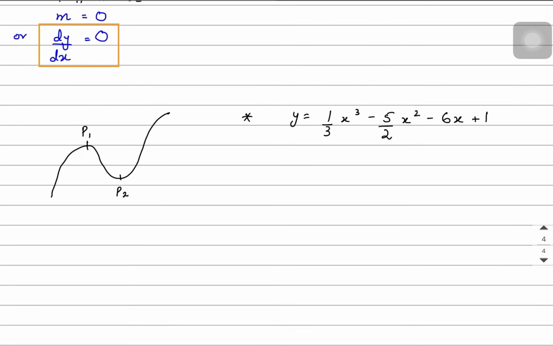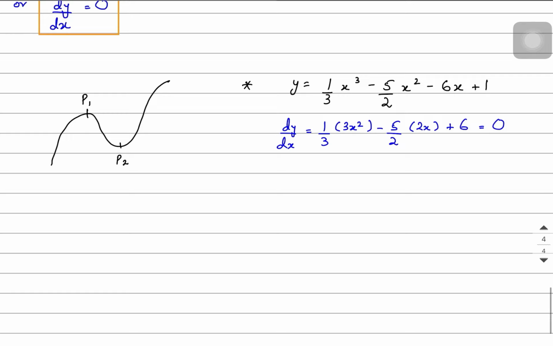I need a derivative. So this is 1 over 3, and now this becomes 3x squared, minus 5 over 2 times the derivative of x squared, which is 2x, and this is going to be 6 because the derivative of x is 1, and 1 is the constant, and the derivative of a constant is 0.